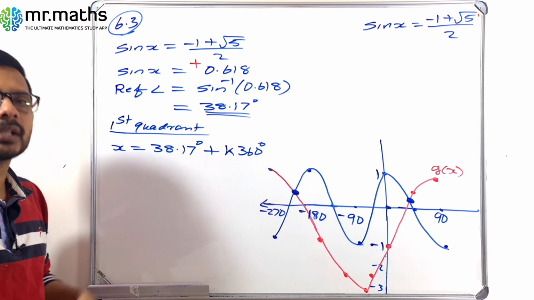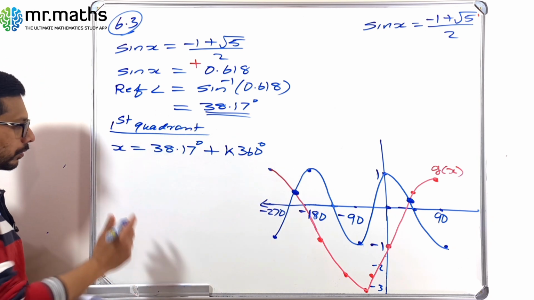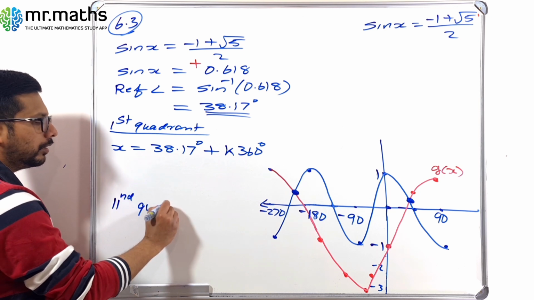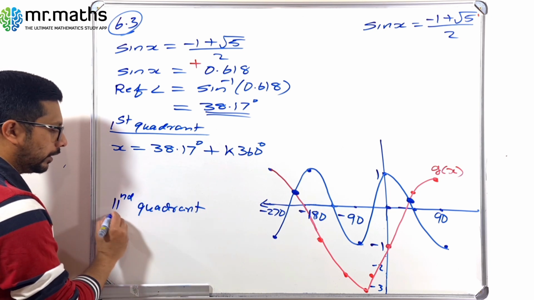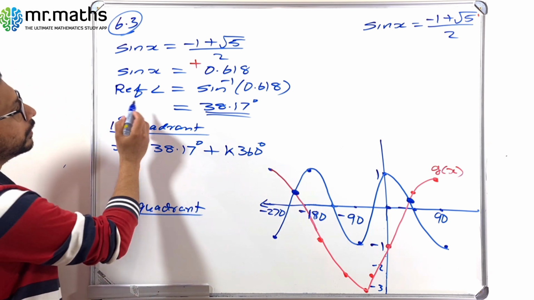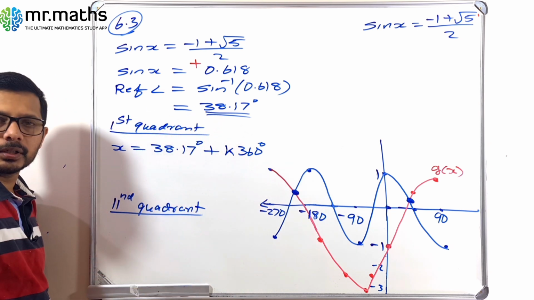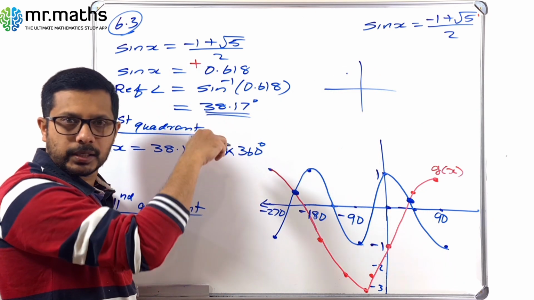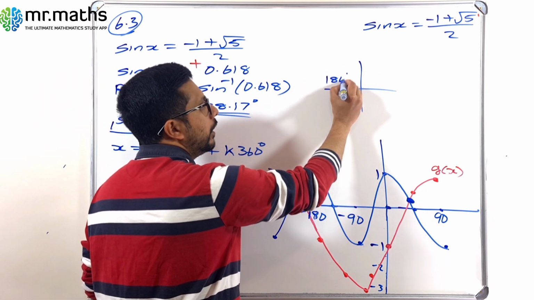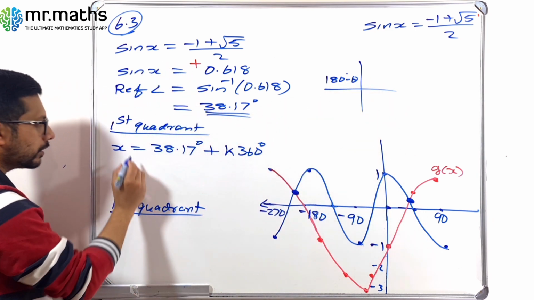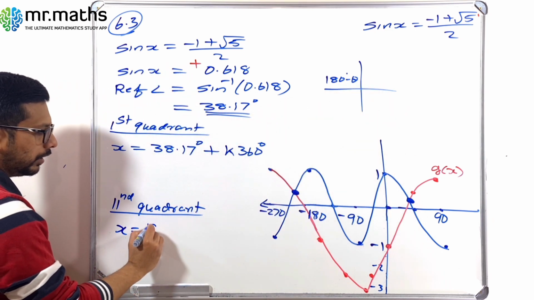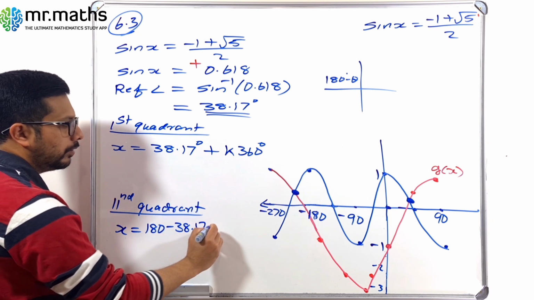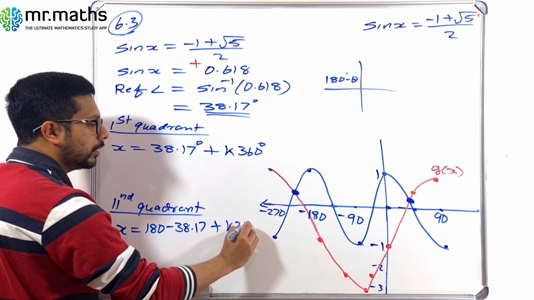Let's try to find the second quadrant also. In the second quadrant sin is also positive. How can you write it in the second quadrant? Here it is 180 minus theta. So x is equal to 180 minus 38.17 plus k 360.